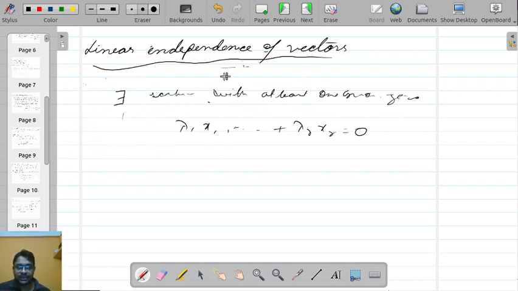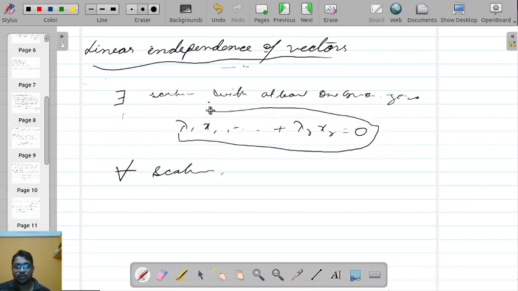The negation is linearly independent if for every set of scalars lambda 1, lambda 2 up to lambda r, this particular thing is never true: that at least one of them is non-zero and lambda 1 x1 plus up to lambda r xr is 0. What does it mean that this is not true?